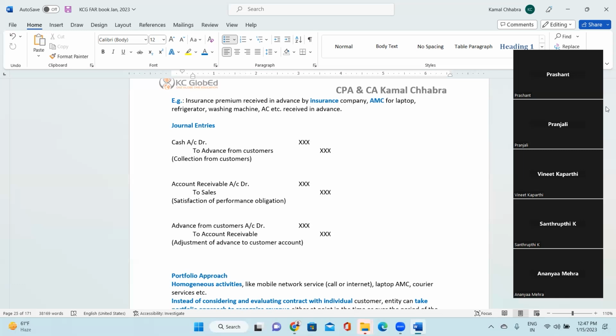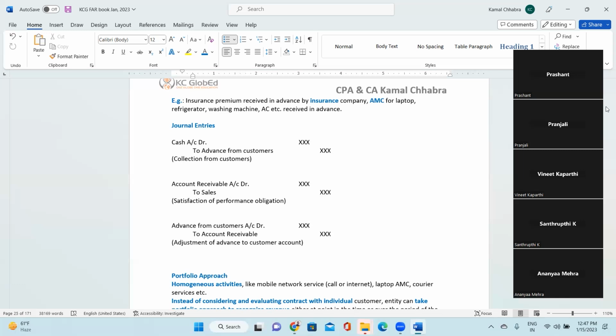At the time when I pay you 12,000, you have recognized that amount as advance. After 1 month, will you release some amount from this advance to recognize the revenue? Yes or no? Yes. Right.